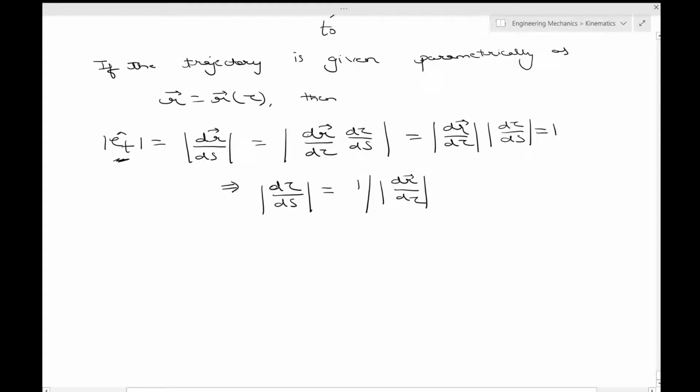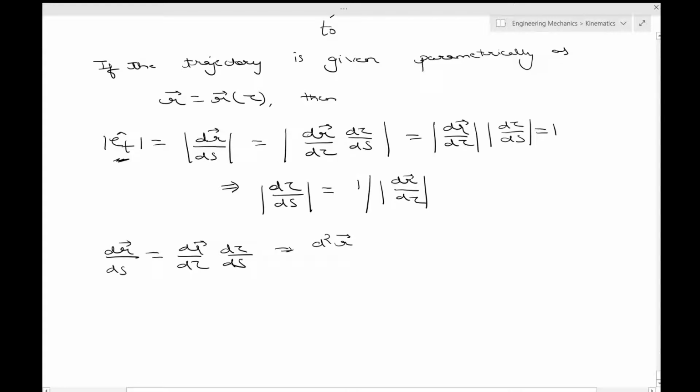Also, since dr by ds is equal to, we can write it like this. We have just done that anyways. We can take a double derivative. Why are we taking this double derivative, by the way?